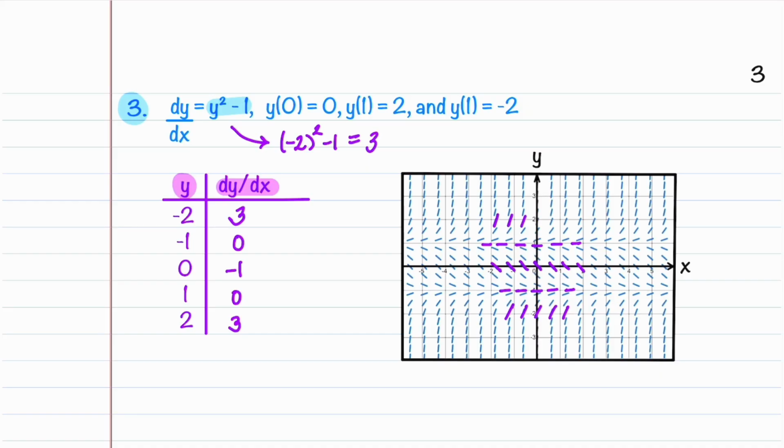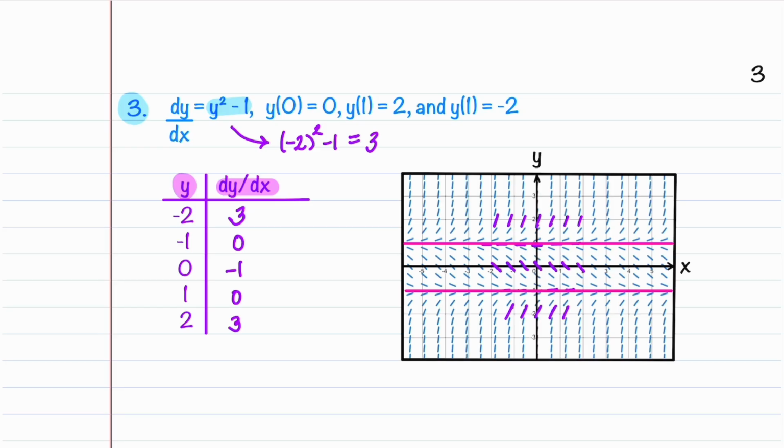And those lines look just like this. Notice on our graph that we have 0 slopes when y is equal to -1 and when y is equal to 1. Those are actually called equilibrium solutions, and I'll talk about those types of solutions in another video.